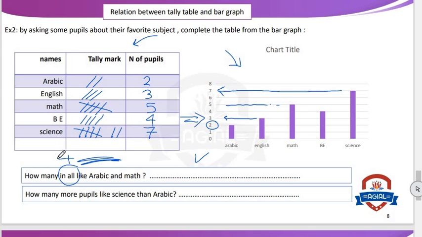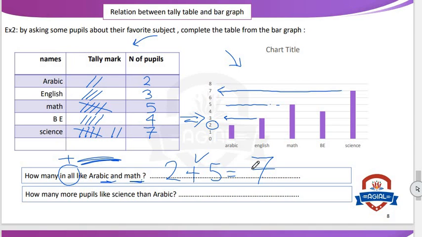How many students in all like Arabic and math? At first, how many students like Arabic? Super, just 2. Plus, how many students like math? Super, 5. 2 plus 5 equals what? 5 in our mind and 2 in our hand. After 5, 6, 7. So the total number who like Arabic and math is 7.